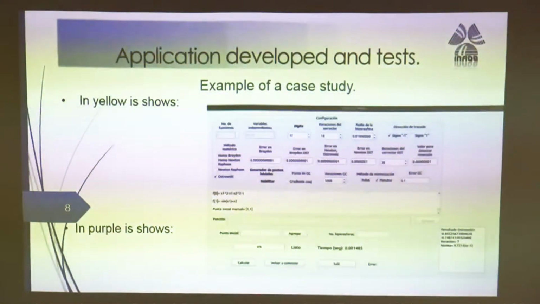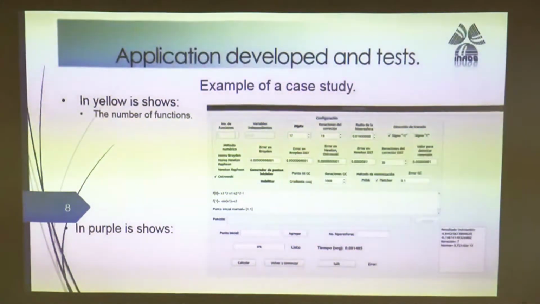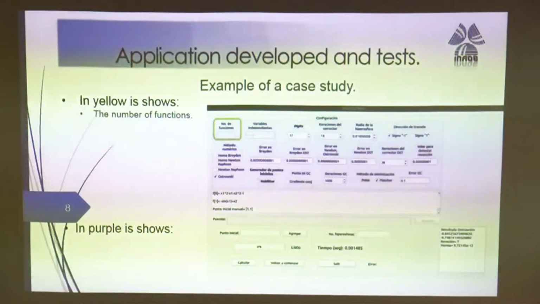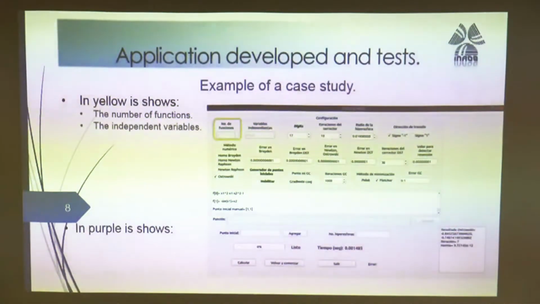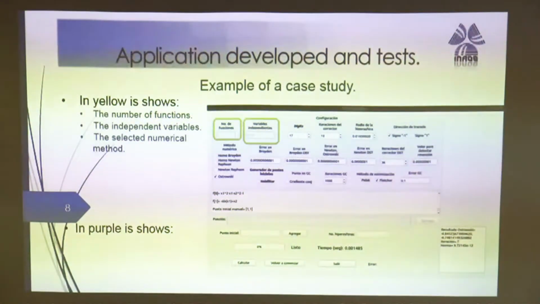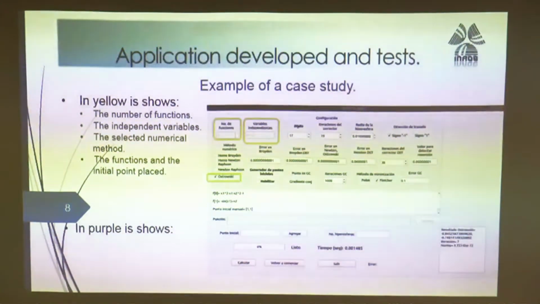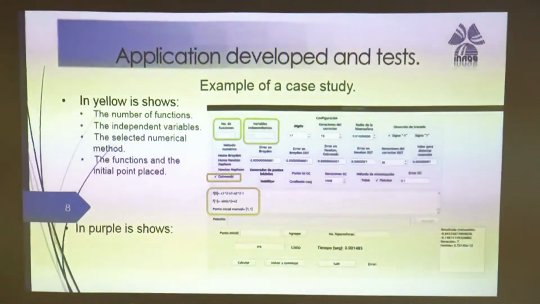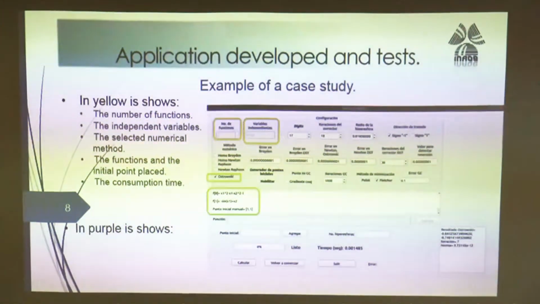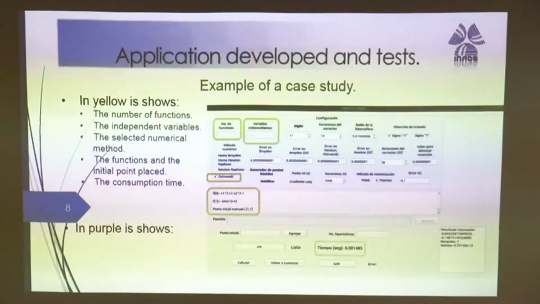Now, I will show you an example. I consider a nonlinear system with the function. The following is shown in yellow: number of functions, independent variables, the selected numerical method, the function and initial point, in this case 1, 1, and the consumption time.